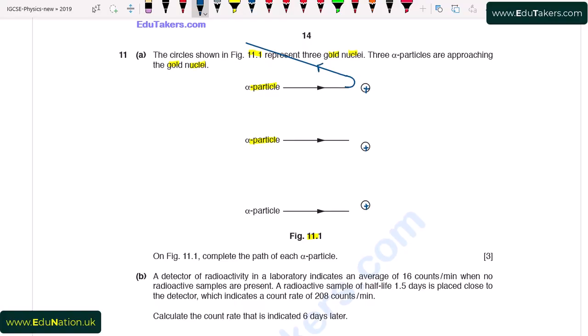In the second figure, we can see that this gold nucleus is below, but the alpha particle is approaching at a higher level above. So that's why the alpha particle will be deflected in this case, but it will be deflected in the upward direction. So I'm going to draw its deflection.